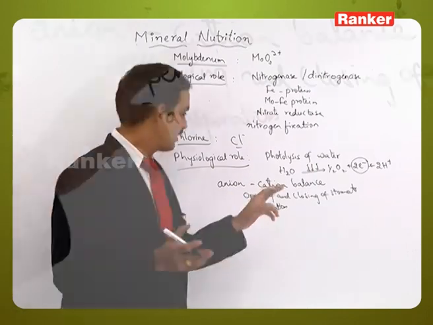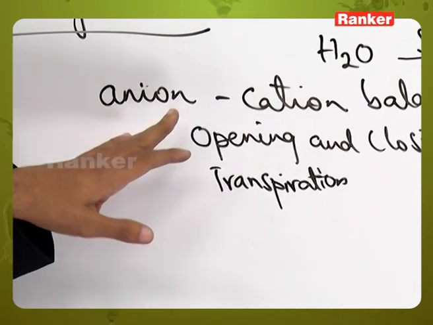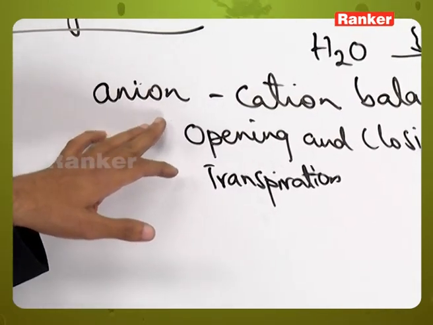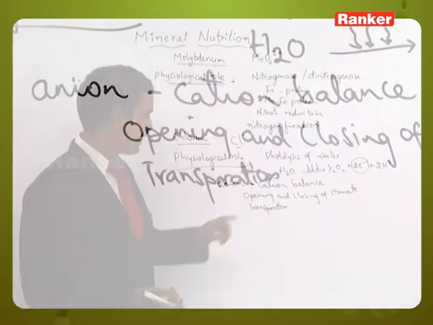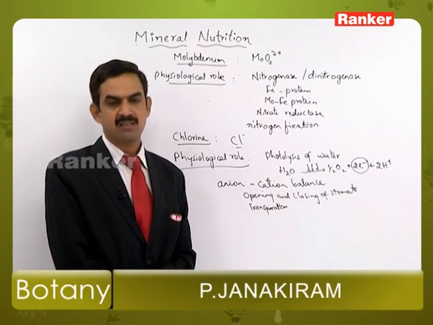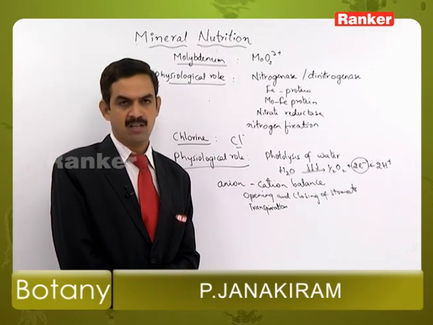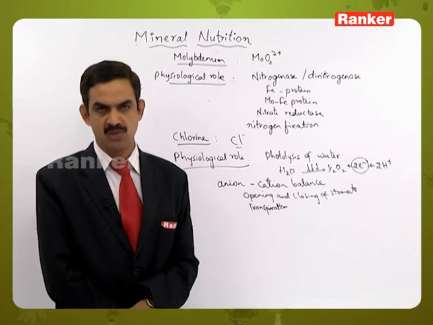In that process, the turgidity and flaccidity of the guard cells is maintained because of the anion cation balance by the chloride ion. Likewise they help in opening and closing of stomata, resulting in the intake of various gases and also the transpiration process.